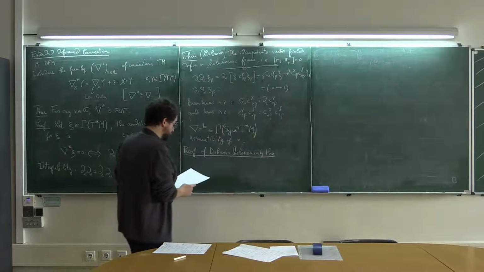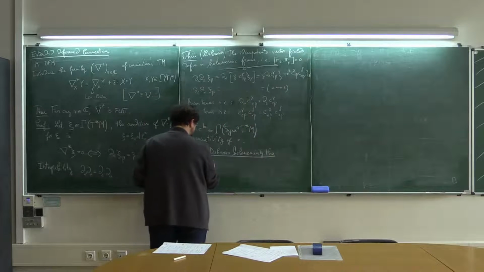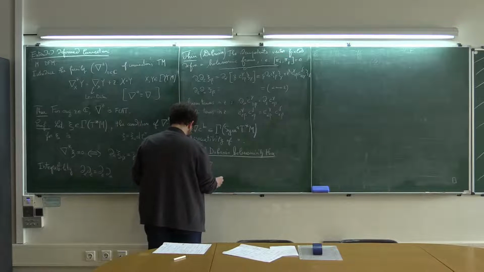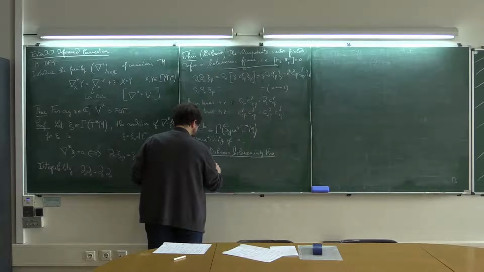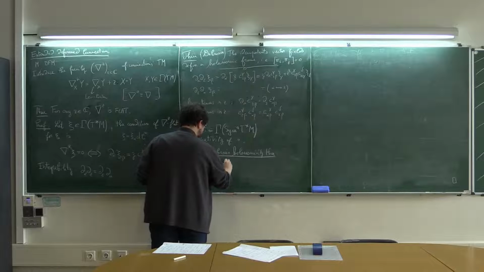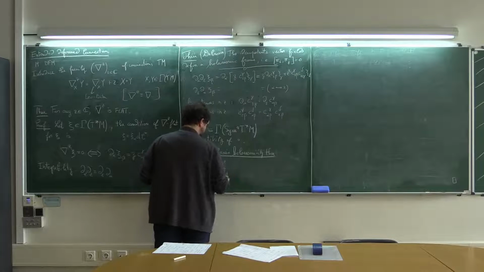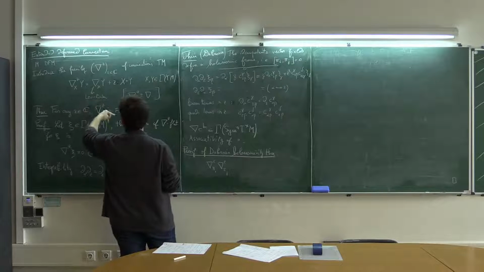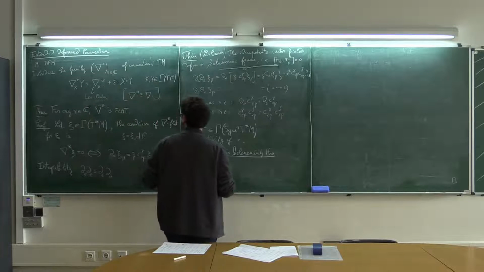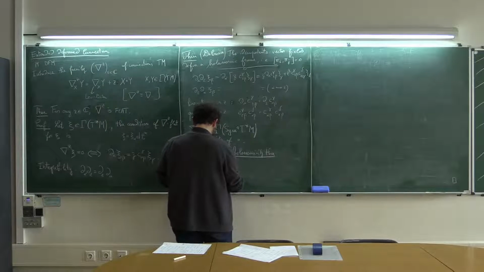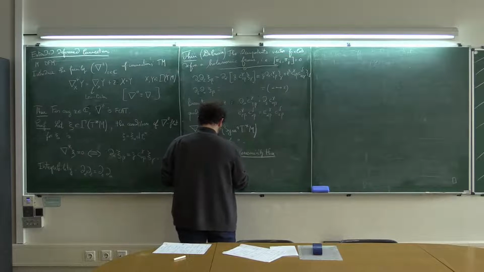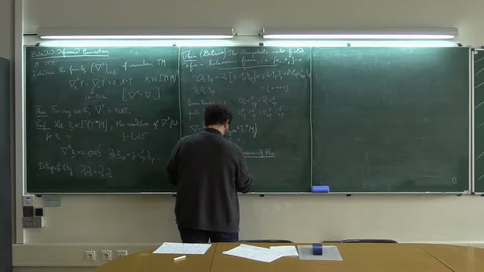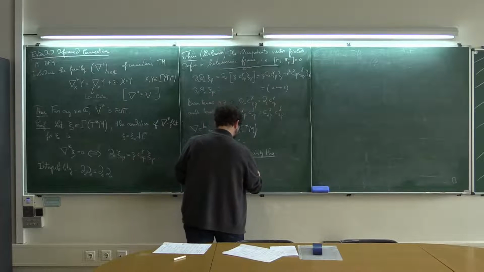So, to claim that this connection nabla z is flat identically in z means that the following operator equals 0.